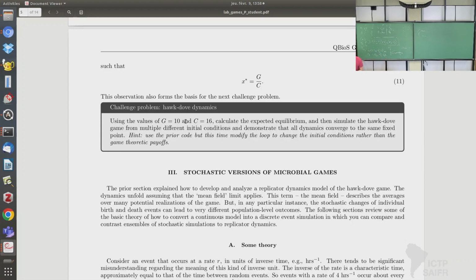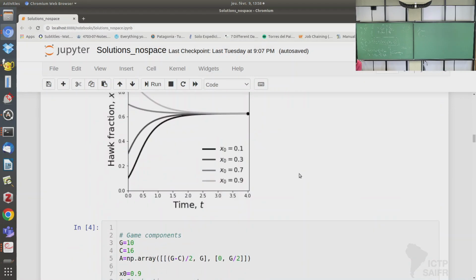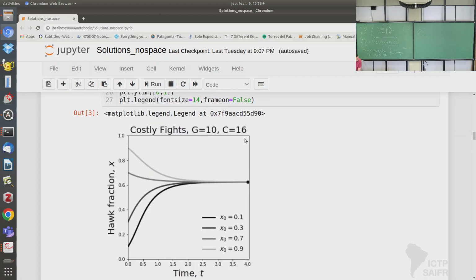It's not the hawks dominating anymore. So in problem 2, you need to get something like this, so that you see what we saw in the lecture when C is bigger than G. You get a fixed point that is in the middle, okay?